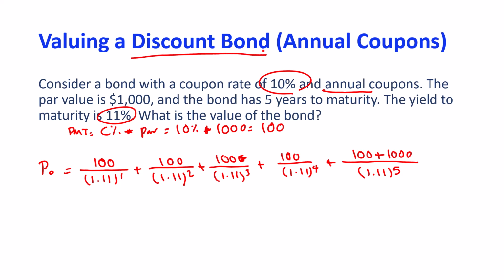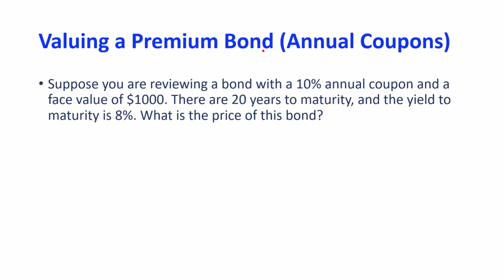Now, let's go over the next problem. Valuing a premium bond. Everything is the same, except now your discount rate is 8%. Your discount rate is lower.